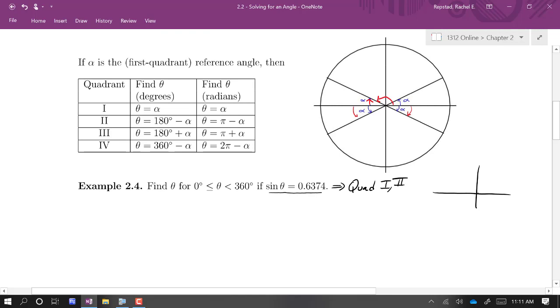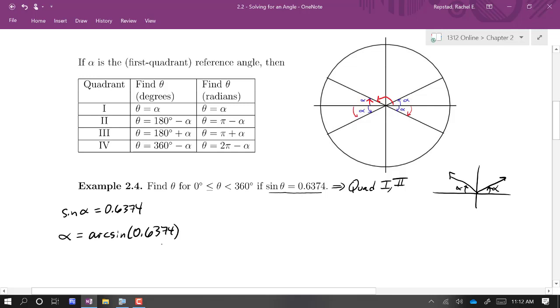I want this angle, which is alpha, and I want this angle, which is 180 minus alpha. So first, sine alpha is positive 0.6374. I'm finding the reference angle. And if sine alpha is 0.6374, that means that alpha is arcsine of 0.6374.